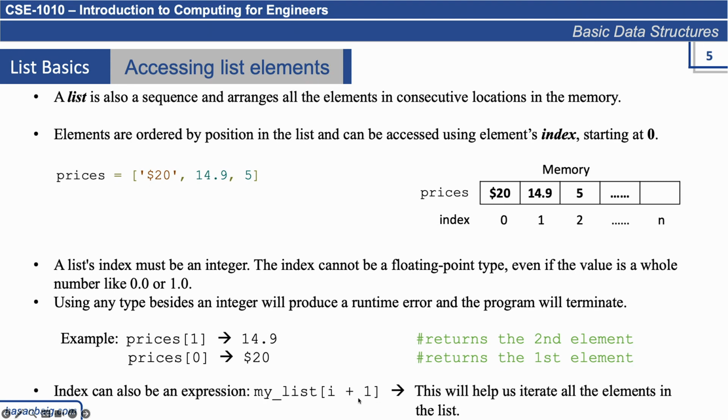Index can also be an expression. We can also have, let's say, my list is the name of the list, it could be prices according to this example, and I can specify i plus 1. This will help us iterate over the elements in the list. For example, if I have to read the data of students sitting in the first 3 rows, and I know that maybe the first 2 seats are occupied by some faculty or staff, I would like to bypass those values.